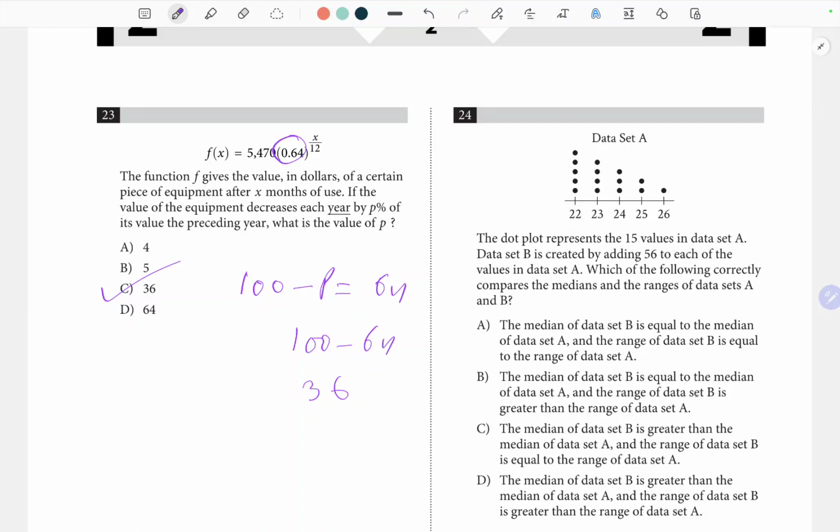Median of data set B is equal to median of data set A, and range of data set B is greater than range of data set A. So median of data set B is greater than median of data set A, and the range for data set B is equal, as 56 is added everywhere. So median of data set B is greater than the median of data set A, and the range of data set B is equal to range of data set A.